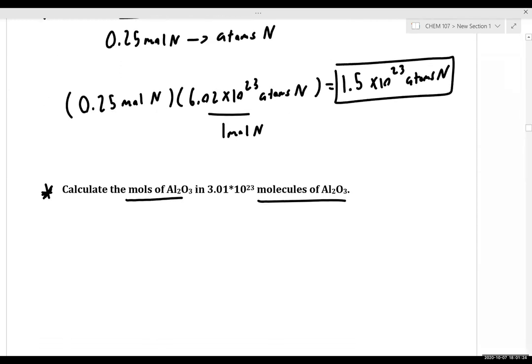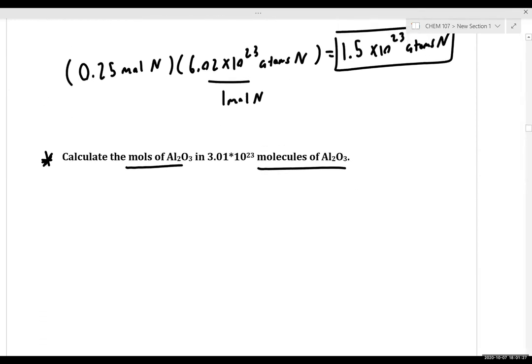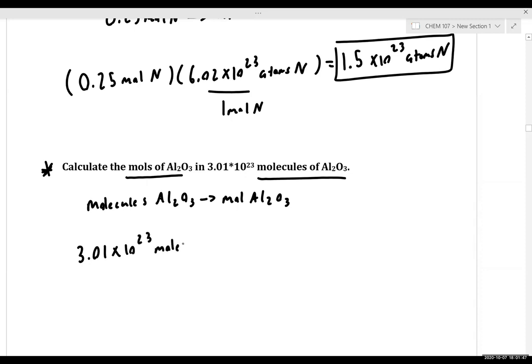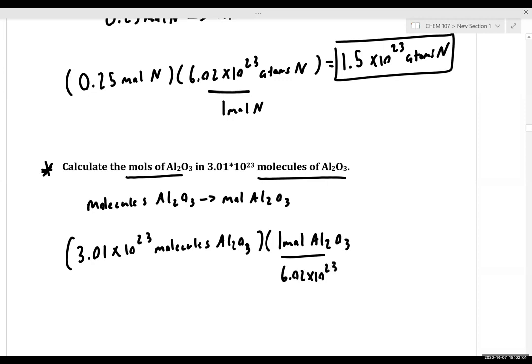Okay, so let's keep going now. Next, we're asked to calculate the moles of aluminum oxide given the molecules. So we're trying to go from the molecules of aluminum oxide to the moles of aluminum oxide. So given that we have 3.01 times 10 to the 23rd molecules of aluminum oxide, we know that in 1 mole of aluminum oxide, we have 6.02 times 10 to the 23rd molecules.